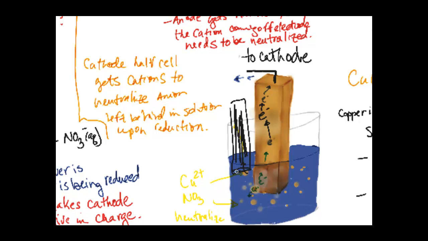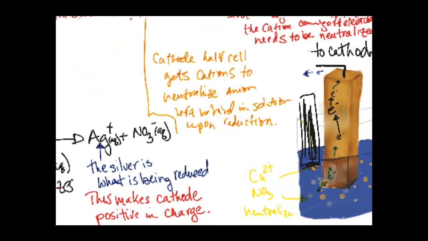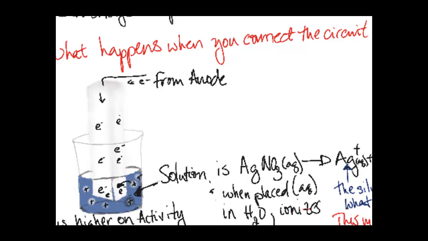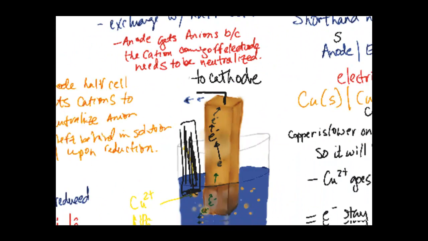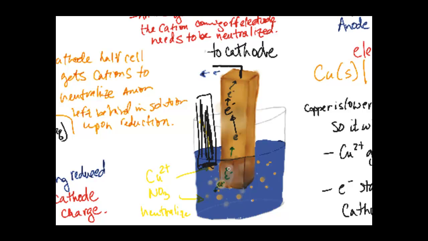There's usually a porous plug here at the end of it, or you can have some of the anions coming out to neutralize the copper. So what's going on at the silver end? Well, on the silver end, we're getting those electrons that the copper oxidized, right?